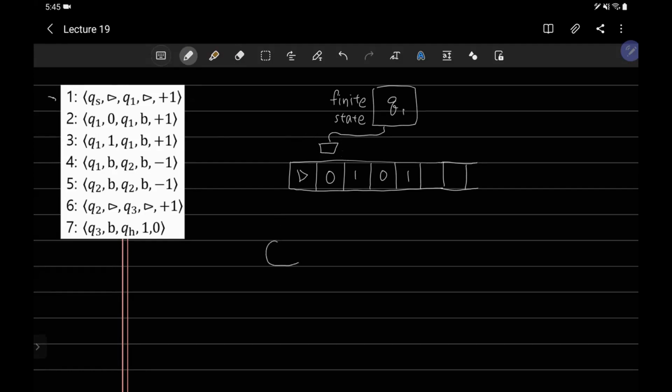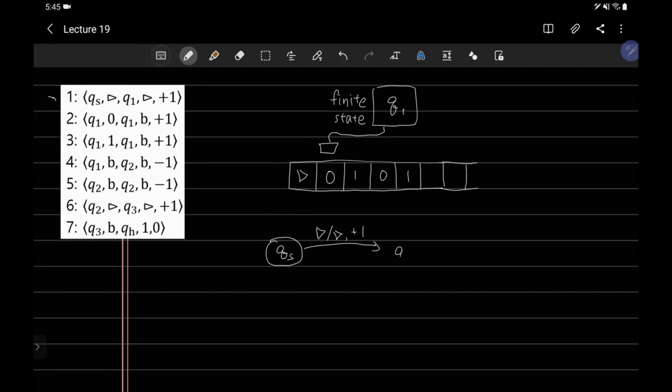In this case, we started with the Q sub start, and what the first line of the program says is that at Q sub s, if the value read by the head is this starting symbol, then we will just leave the same symbol at that square, and then we will move by plus one.